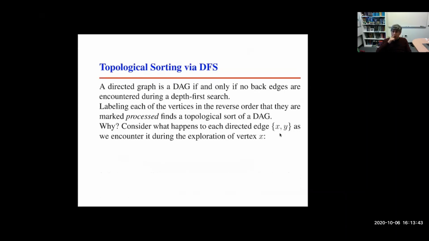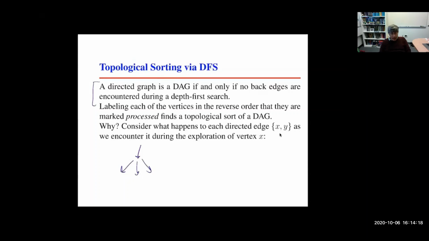Let me show you two algorithms to find topological sorts. One of them is easy in the sense that if you really understand depth first search, it follows automatically. We know that the layout of edges in a DAG is a little bit different than in an undirected graph.